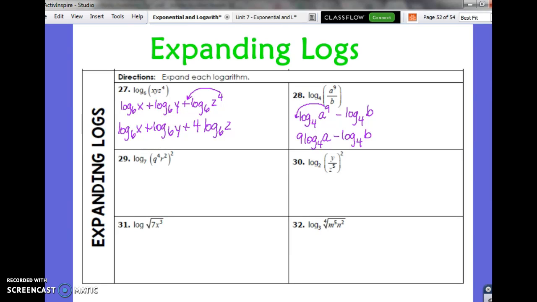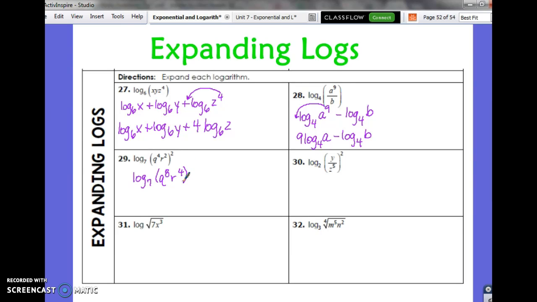So if it were me on 29 and on 30, I would give that power on the outside away to what is inside first. And what I mean by that, I would have log base 7 of q to the 8th, because when you have a power to a power, you multiply. And then I would have r to the 4th.